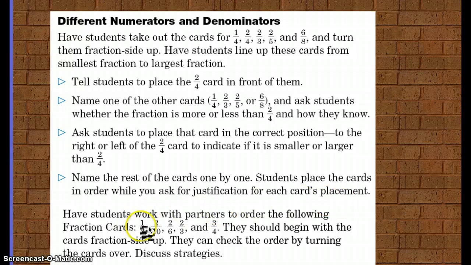Once you have the fraction cards 1/2, 2/10, 2/6, 2/3, and 3/4, you should begin with the cards fraction side up and then check how you ordered them by turning the cards over.